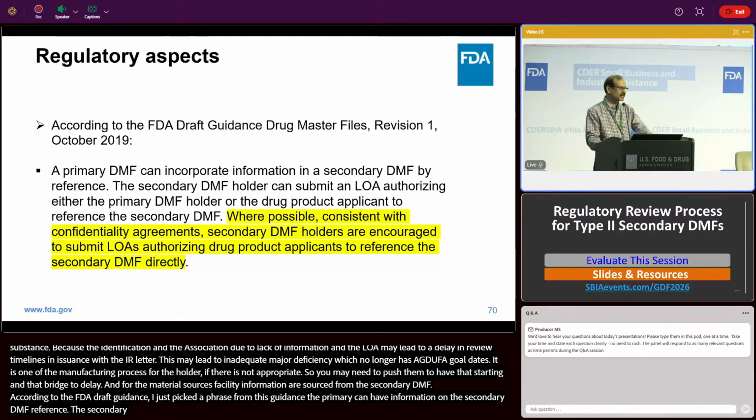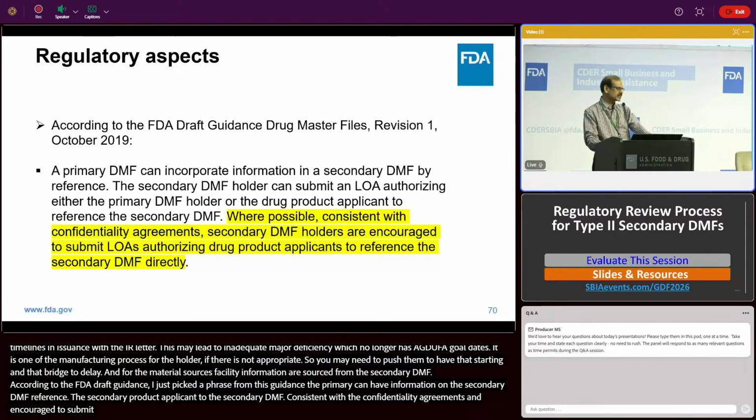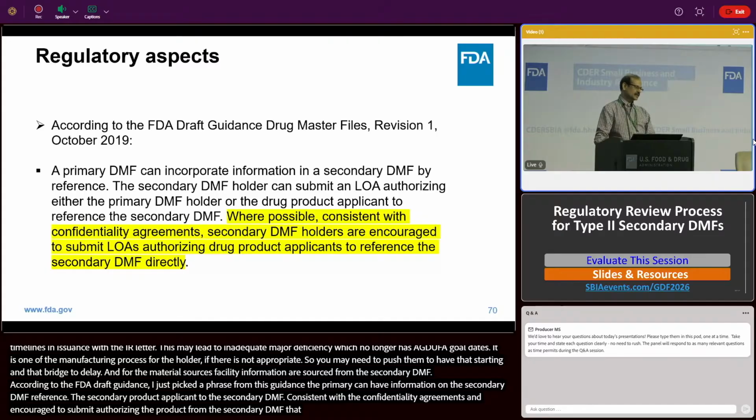As stated in the guidance, I would like to emphasize that where possible, consistent with confidentiality agreements, secondary DMF holders are encouraged to submit an LOA authorizing drug product applicants to reference the secondary DMF directly. That way we don't miss the appropriate facilities needed for the evaluation.